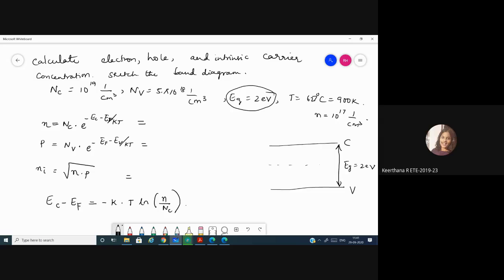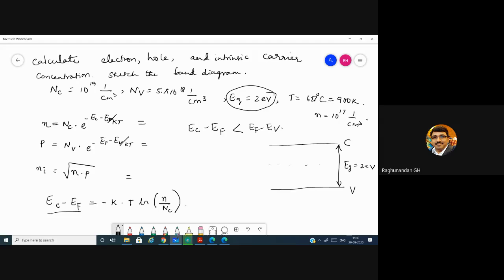Okay, that is fine. But with respect to EC minus EF and EF minus EV, how are we going to tell? I take one case that EC minus EF is lesser than EF minus EV.